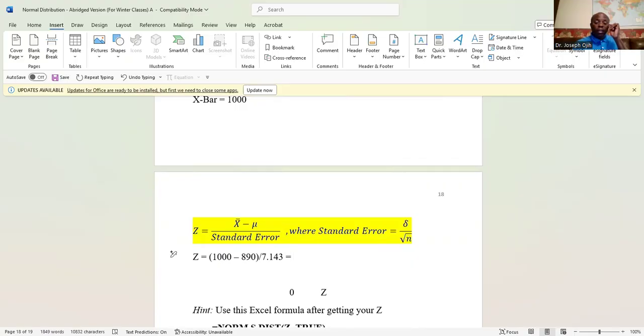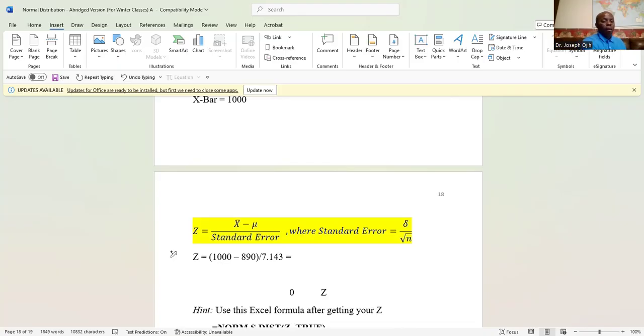That will give us our Z. So I'm going to write this down: Z equals 1000 minus 890 divided by 7.143.